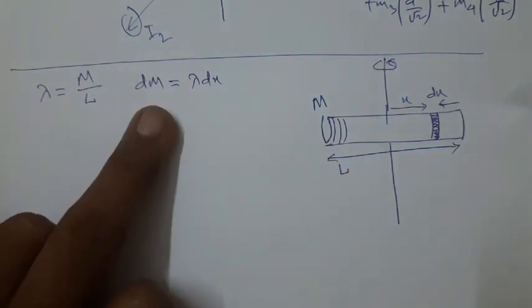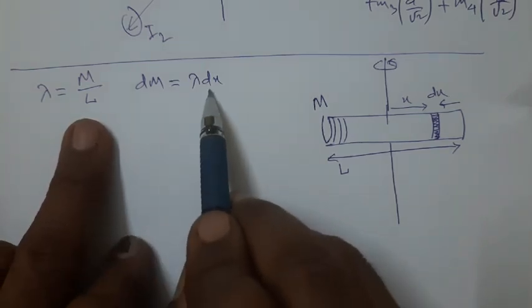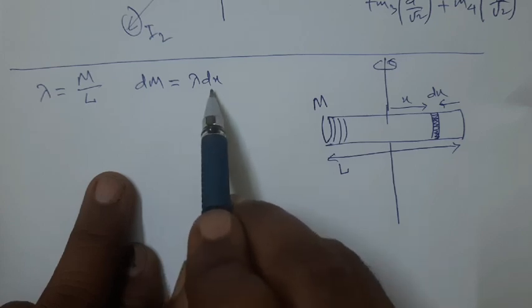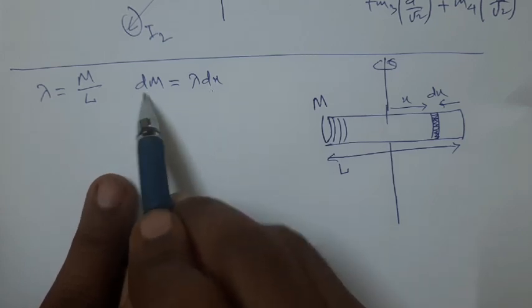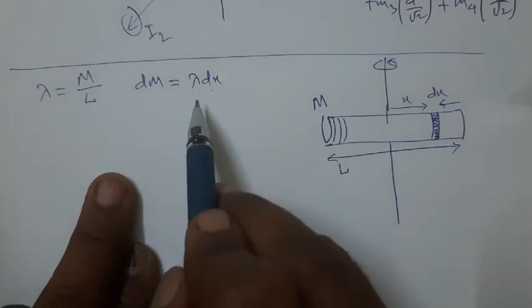This can be treated as the linear mass density, and therefore the mass of the segment of length dx is density into the length. So dm, the mass of this small element, is lambda into dx.